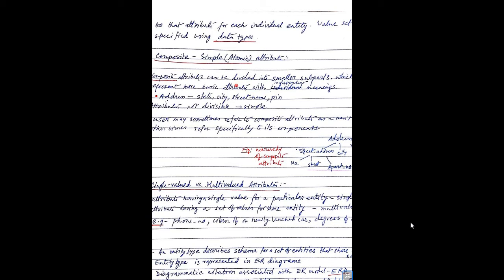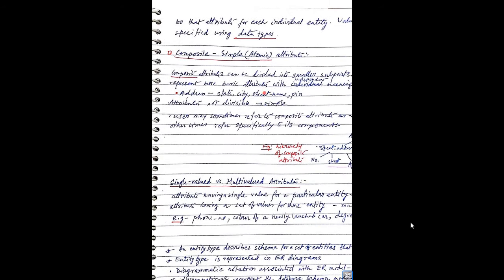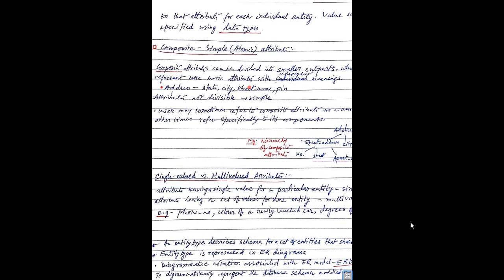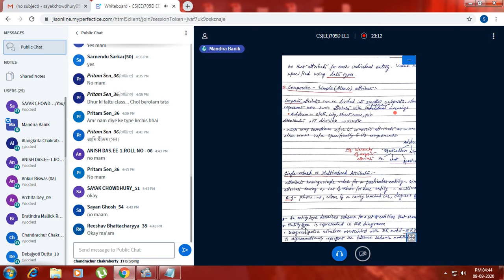Composite attributes are those that can be divided into smaller subparts, and the subparts represent more basic attributes with independent meanings. For example, address.